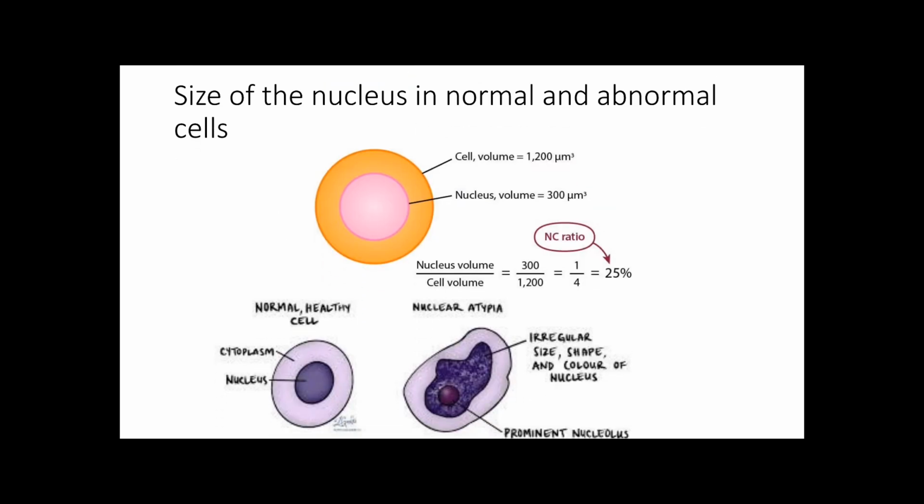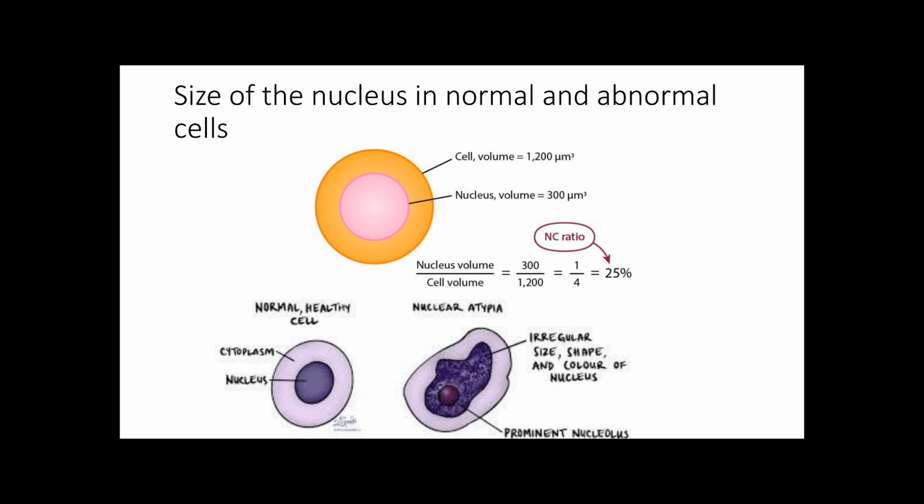So when we consider the size of the cells in normal and abnormal cells, how can we calculate it? Nuclear volume over cell volume, right? For example, here 300 nuclear volume, 1200 cell volume.